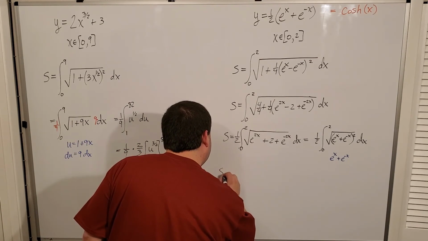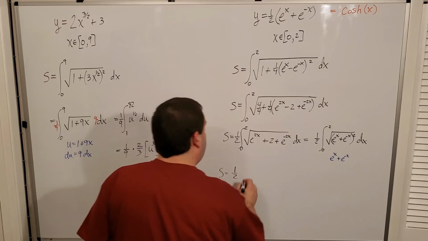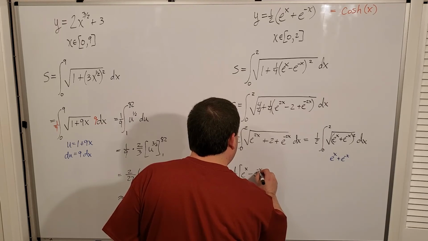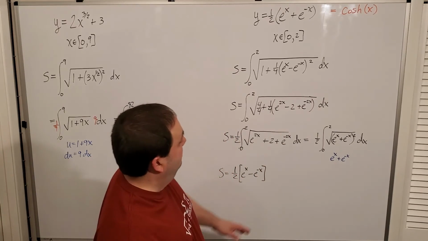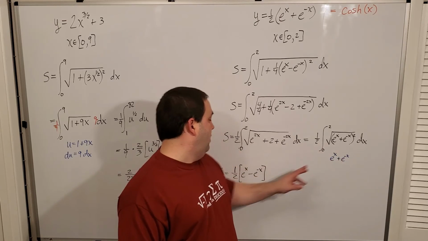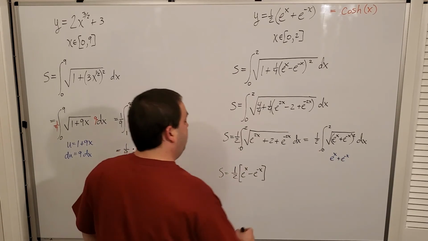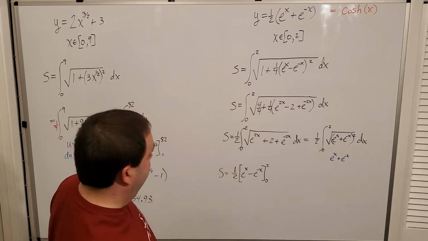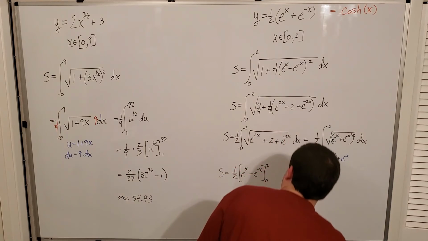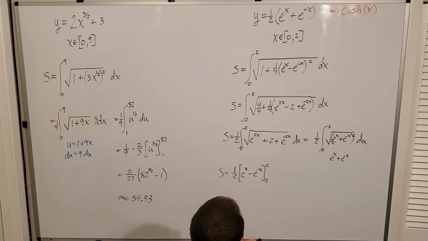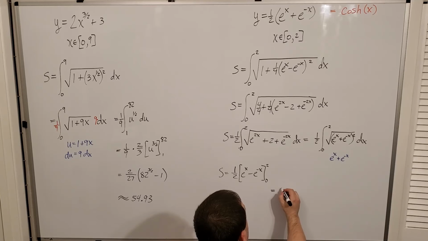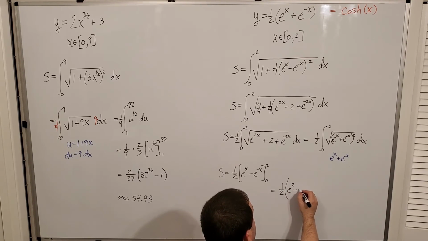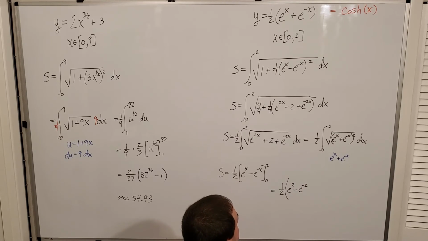So my s is equal to 1/2 of e to the x minus e to the negative x. Notice that the integral brought out that negative again. And I'm evaluating from 0 to 2. Okay. So then when I plug in 2, I've got e squared minus e to the negative 2.